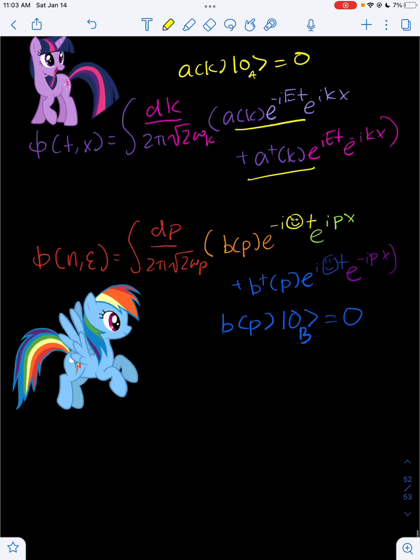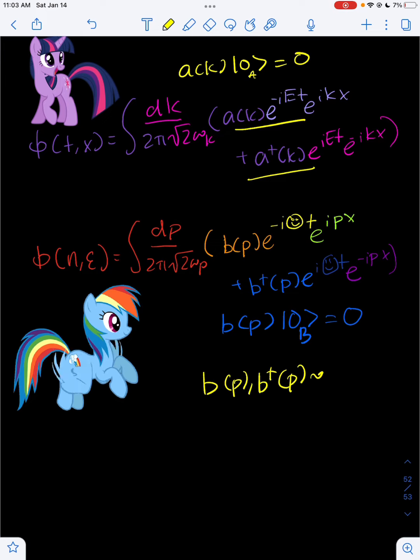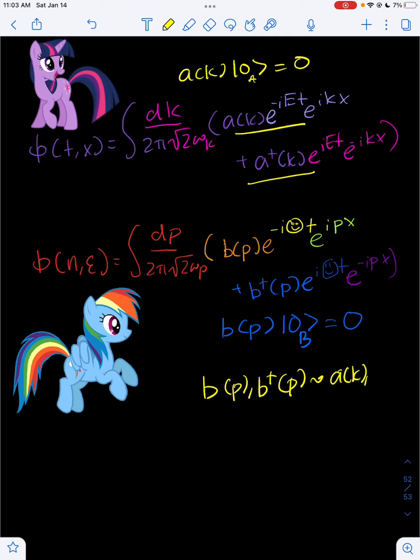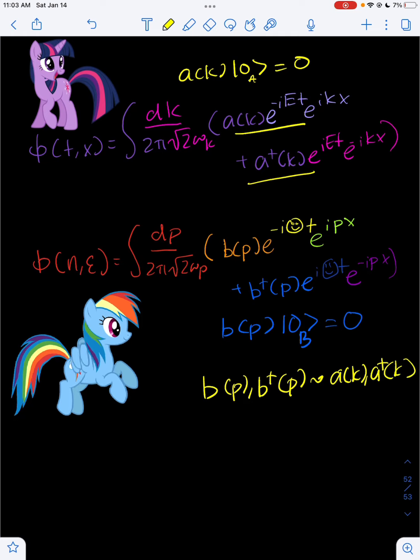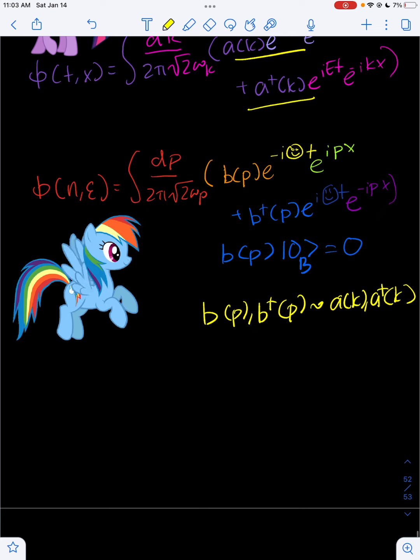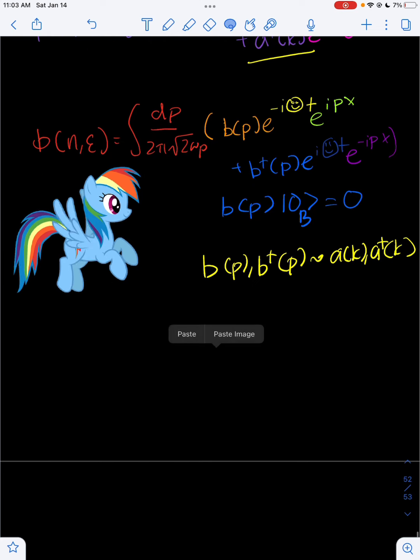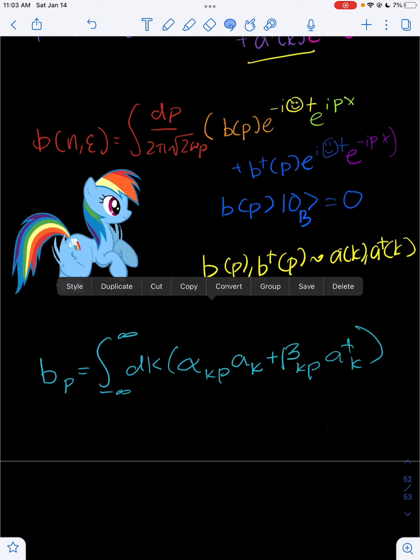And our goal is to calculate B of p and B conjugate in terms of Twilight's basis, so A of k and A conjugate. The way to do this is by using the Bogoliubov transformations, which is this over here.